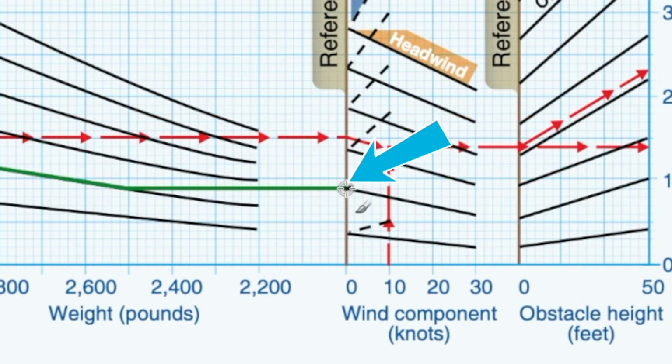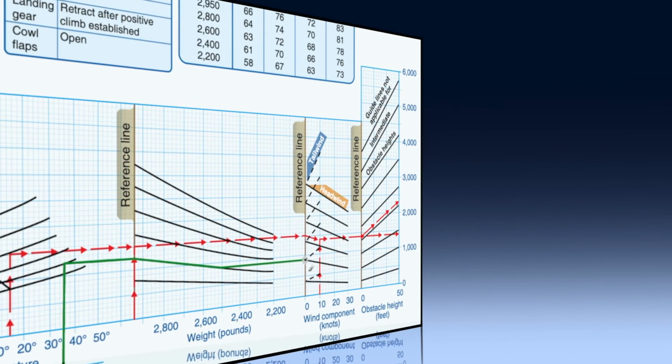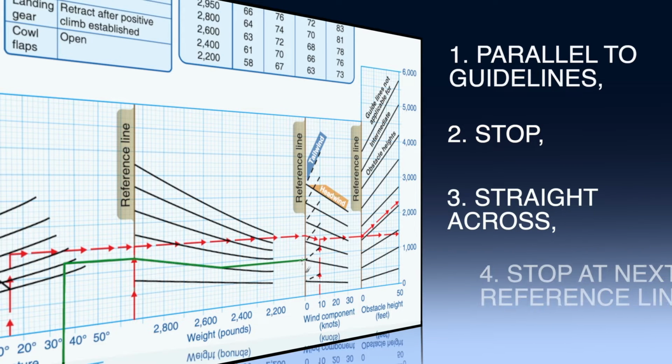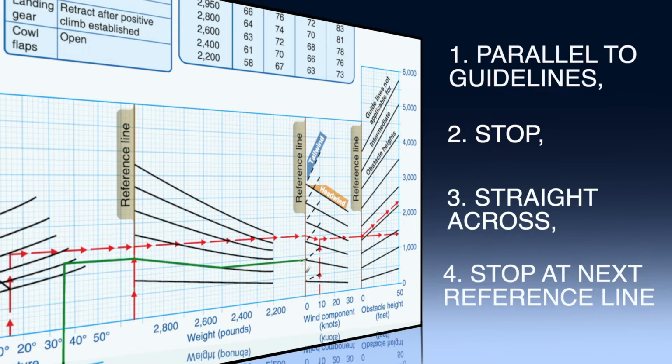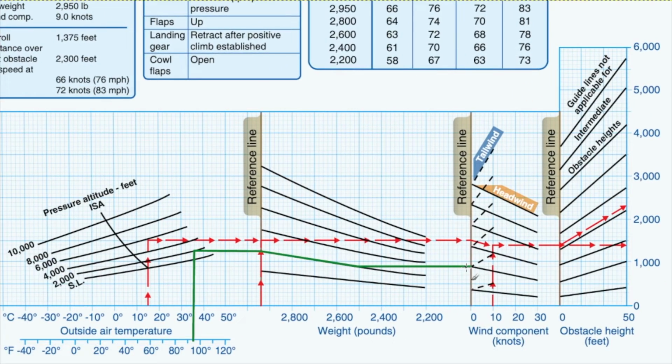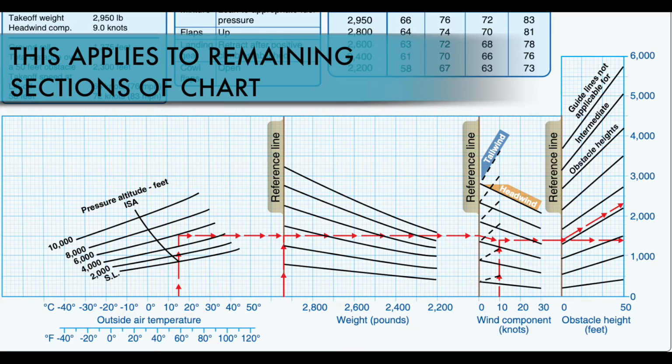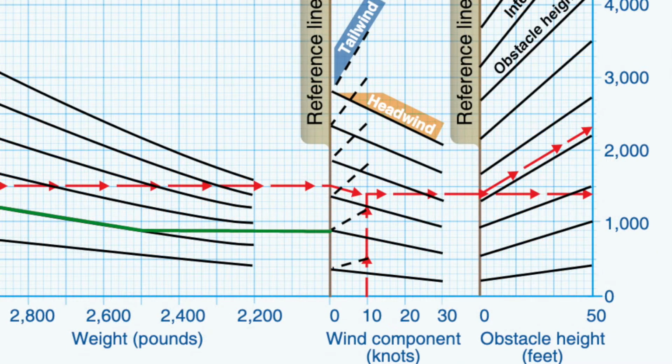We will come to a stop when we reach the reference line before the next section for the wind component. This pattern of tracking parallel with the guidelines up to a certain point, then going straight across to the next reference line applies to the remaining sections of the chart, including weight, wind, and obstacle height. We will be doing the same routine we just did in the next section.